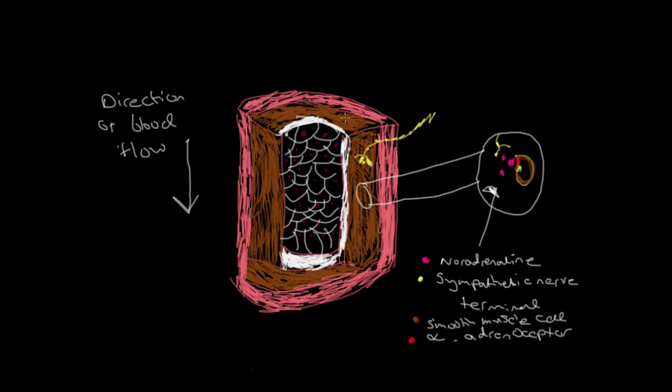So here is our tunica media, in brown. Sitting on the surface of a smooth muscle cell within this layer is our alpha adrenoceptor. Attached to it, we can see the G protein that I mentioned earlier. And here you can see how it faces inwards, towards the cell, which allows the physiological effect to be propagated within the cell itself when it is stimulated by a sympathomimetic molecule.